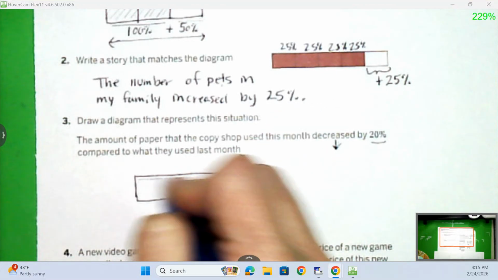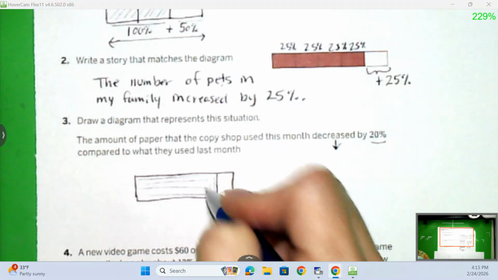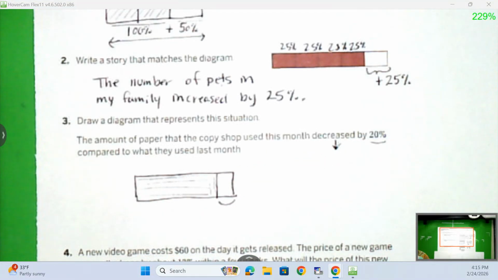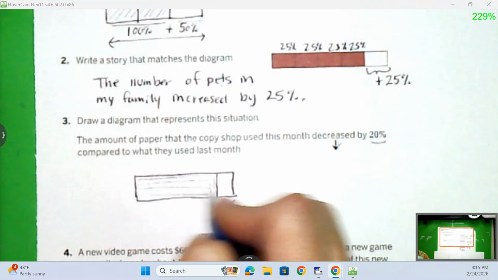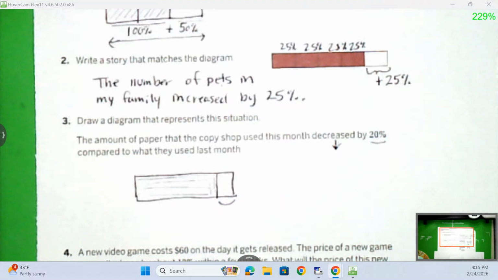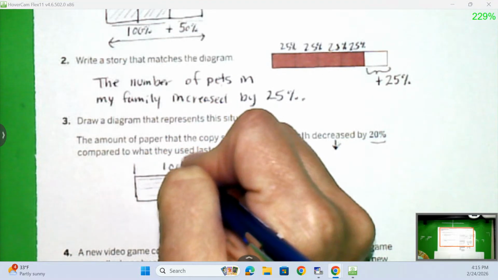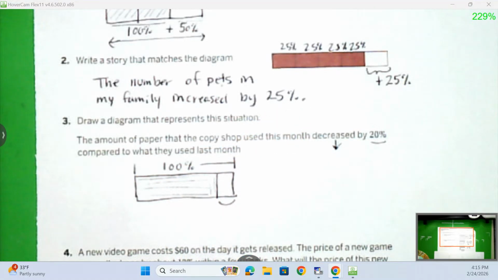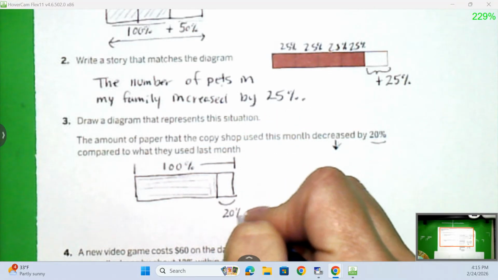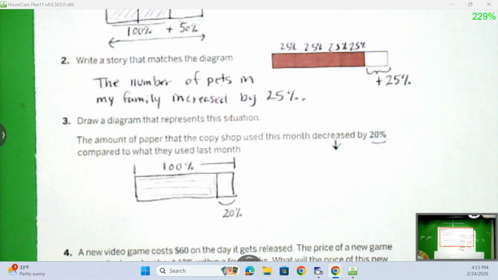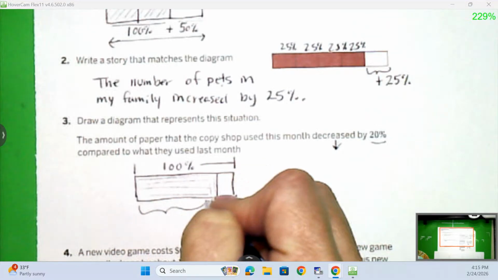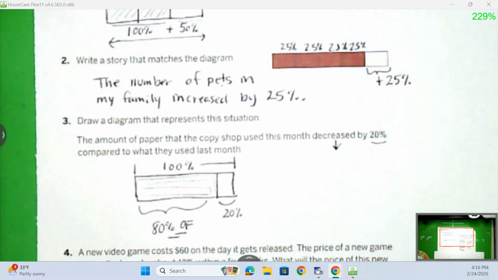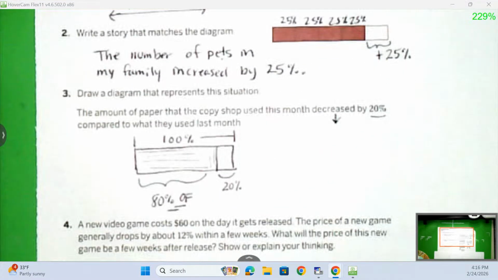So now I'm only showing this amount, and this 20% is the decrease. So this is my new 100% right in here. So 100% would be all of it, and then the 20% would be what is being reduced. So obviously I have 80% of the original amount if it's a decrease.